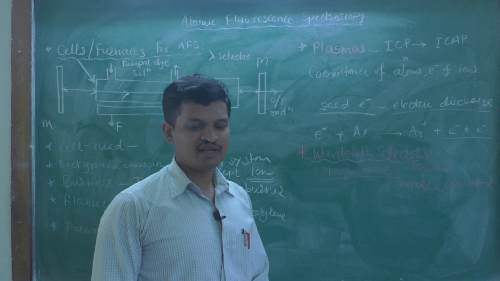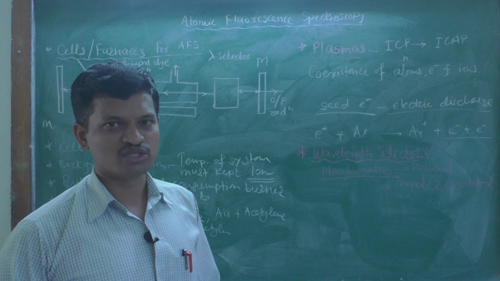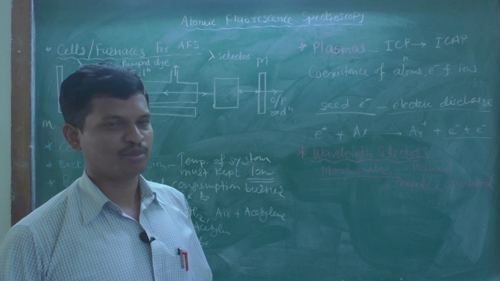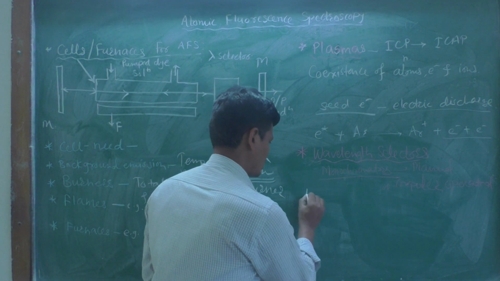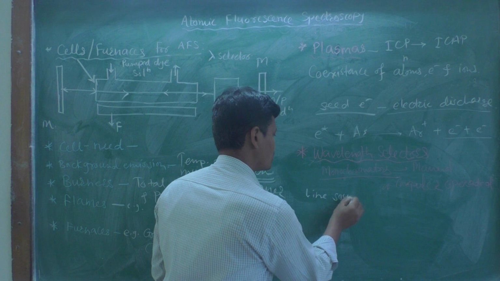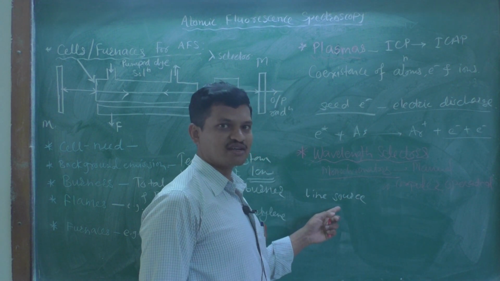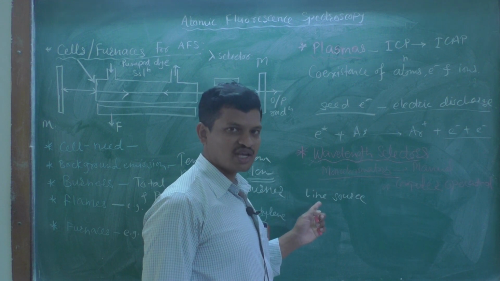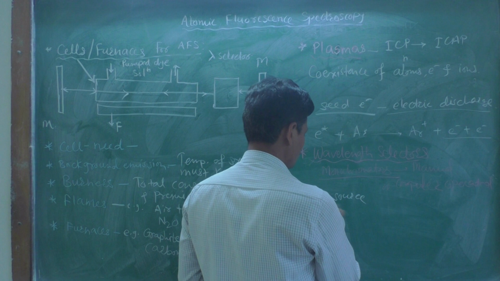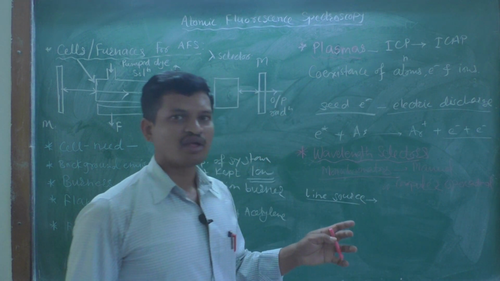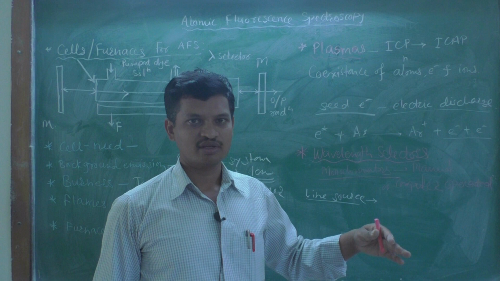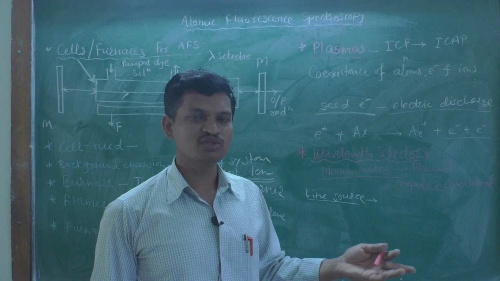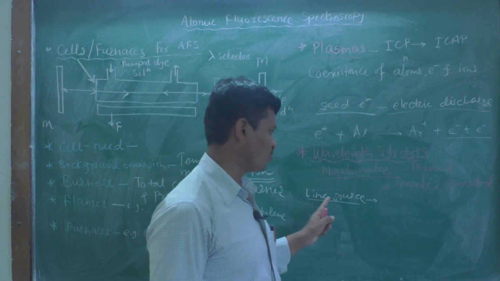If a line source is used, such as a laser, which is known as a line source, then the monochromator may be of low resolution type. So we can use low resolution monochromators for line sources.